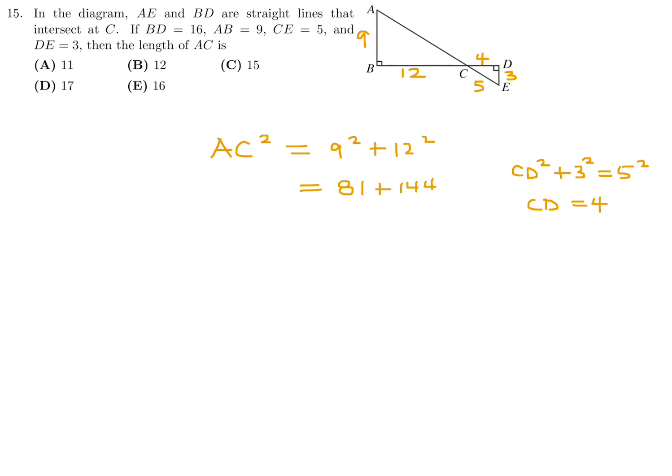And that is equal to 225 for AC squared. So therefore, if you take the square root, AC will be equal to 15. And therefore, number 15, the answer is 15, and that is choice C.